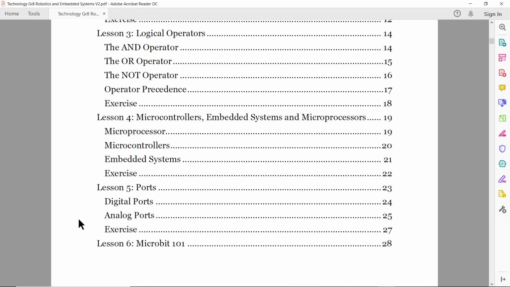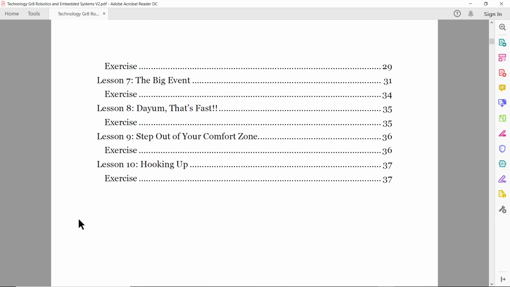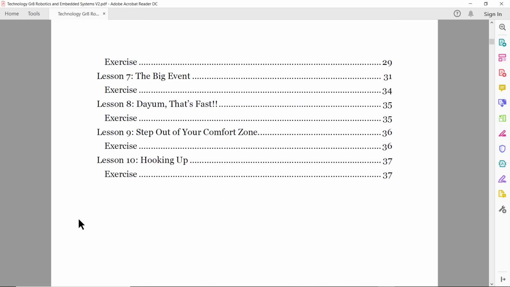And then one of two things is going to happen after this. Lesson 6 on microbit becomes practical, and we can only do this if we are back at school. If we are back at school, then by this time we will do lessons 6 to 10, which is practical stuff on the little microbit microcomputers.